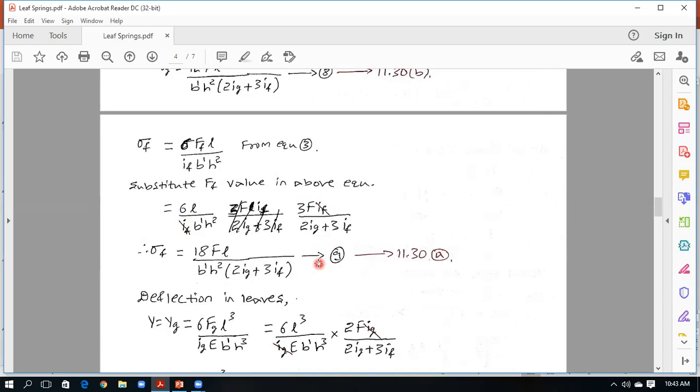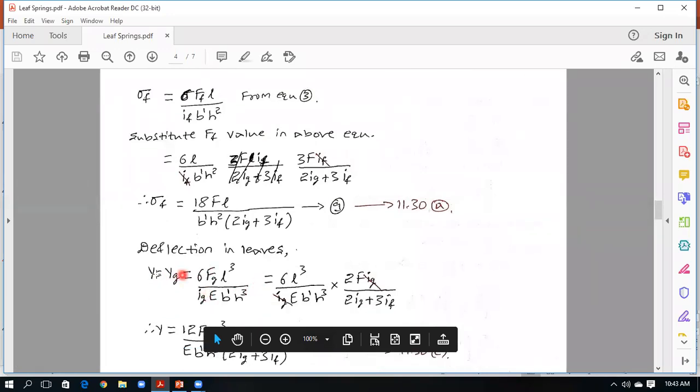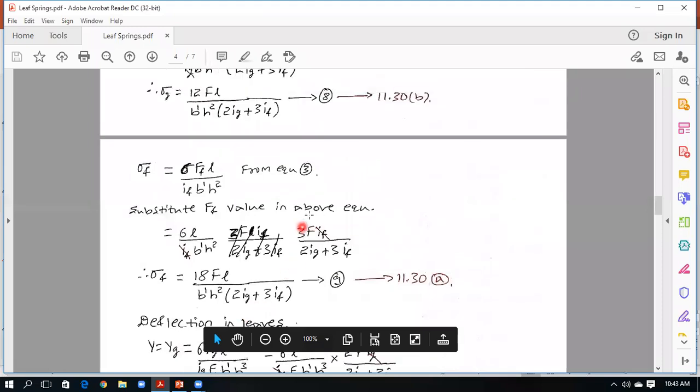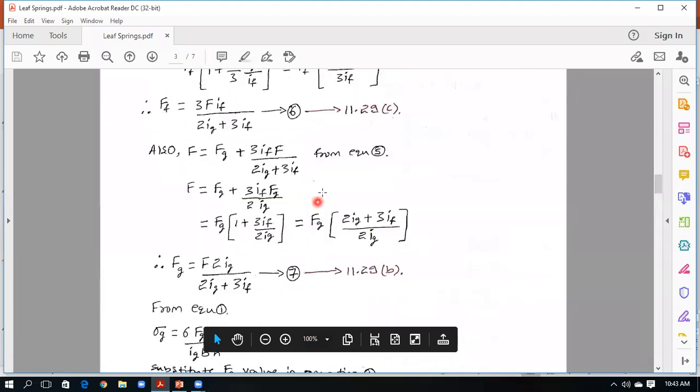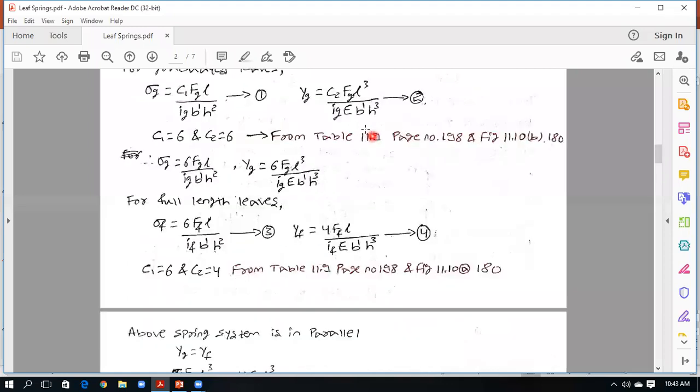Similarly, how you calculated the stresses, you need to calculate the deflection. As you know, the structure is in parallel, therefore the deflection of both will be the same. Therefore y is equal to, you take any one, either y_g or y_f, which you have taken from equation number 4 or equation number 2.